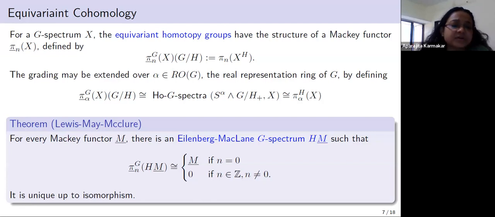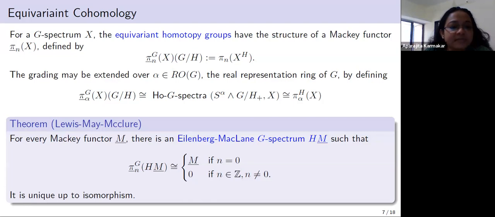We have this theorem by Lewis, May, and McClure that for every Mackey functor M, there is an Eilenberg-MacLane G spectrum HM. This is analogous to Eilenberg-MacLane spaces, where we find that for every cohomology theory, there is a spectrum.